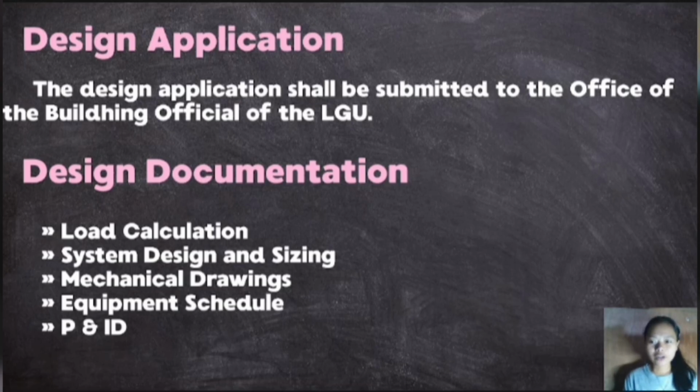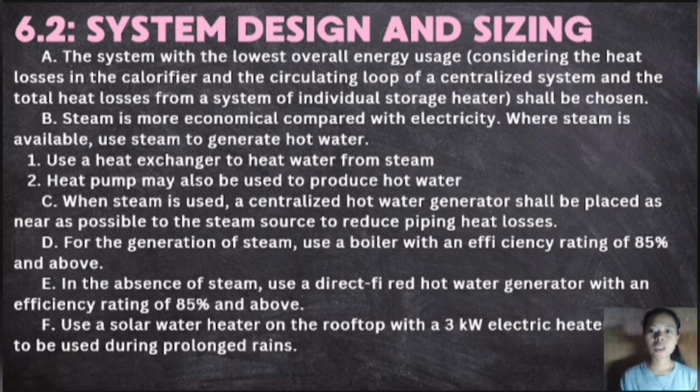The equipment schedule lists all equipment. The P and ID shows the flow of steam or water and the controls. This ensures the system is well designed and is in line with overall energy goals.